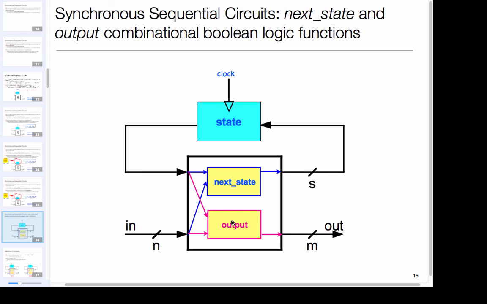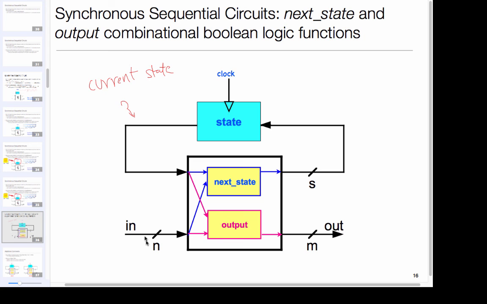At any given point in time, it takes the input and looks at the current state. Remember, the storage is always outputting whatever it has remembered on these wires. So the output logic looks at the input and the current state, and then computes the output.